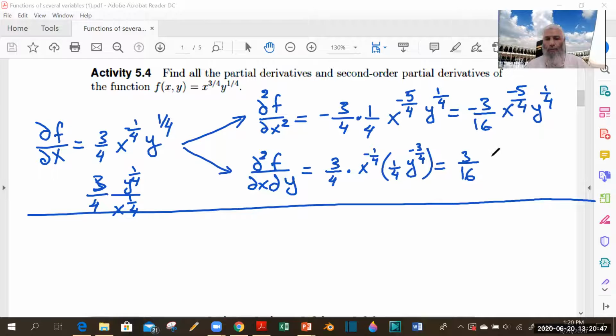So the answer is 3 over 16, x to the power negative 1 over 4, multiplied by y to the power negative 3 over 4.